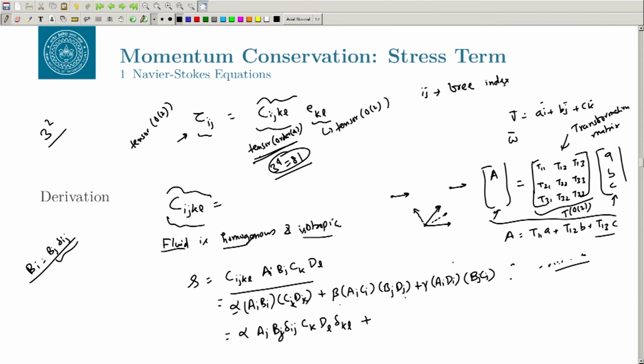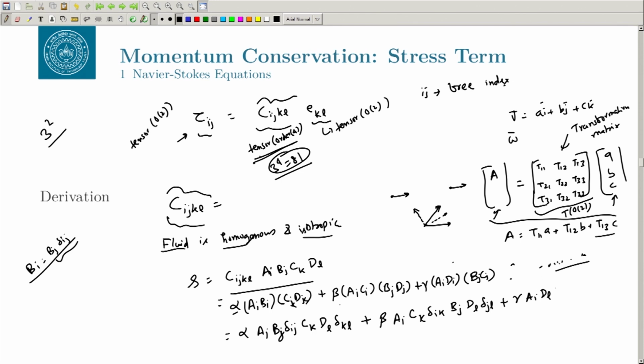Similarly, if you use this beta, that will be A and C. So, this is a_i and you want c_k, right, c_k delta_ik, and then you have b_j and d_l, so that will be delta_jl, and plus gamma a_i and you have d_l, right.